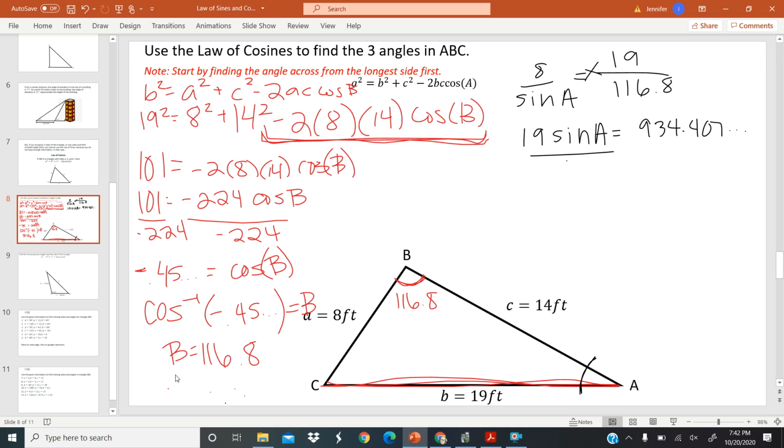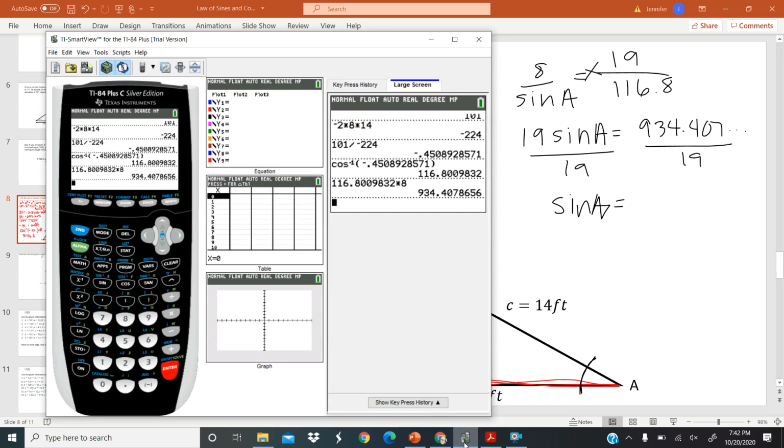So now I need to divide both sides by 19. And I would get the sine of angle A is going to be equal to the 934 number divided by 19. So I'm just going to hit divided by 19. And I get 49.179.